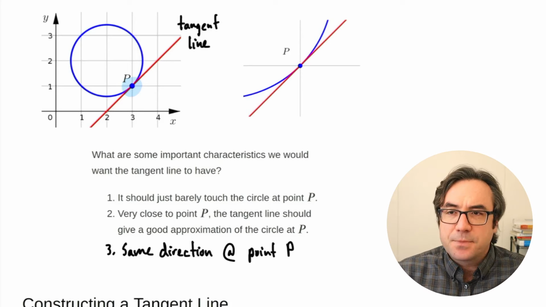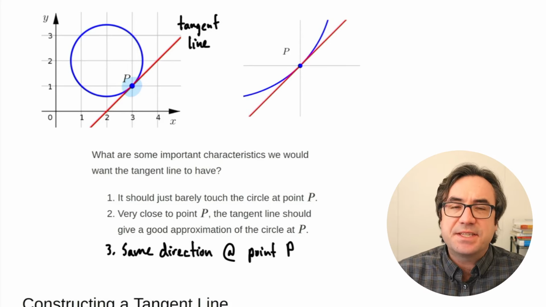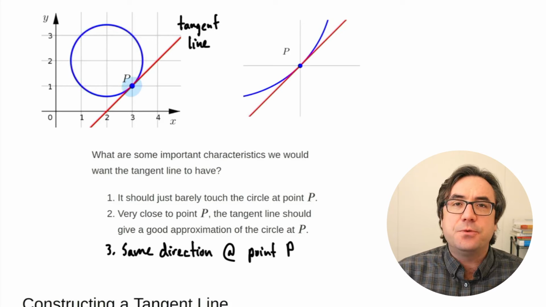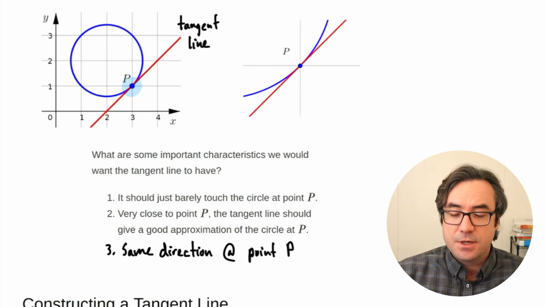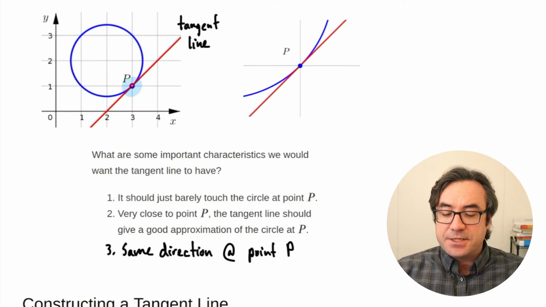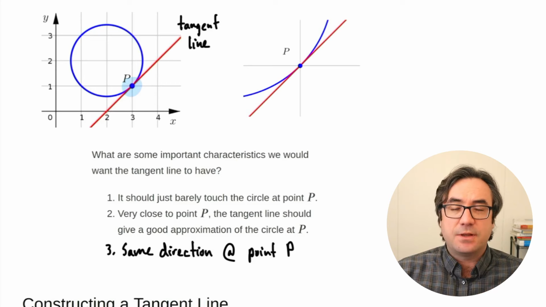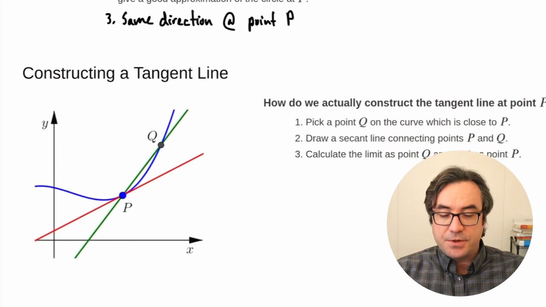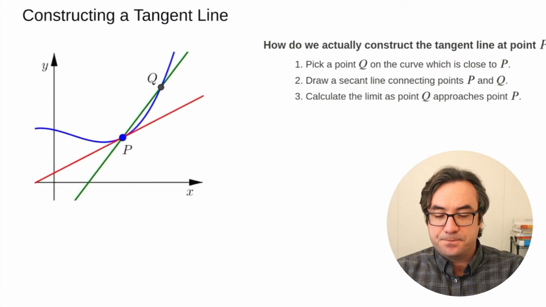All right, so how do we extend this idea to not just tangent lines for circles, but how do we do this for general curves? There are ways to construct the tangent line for a circle, but how do we construct it for a general curve? This is going to present an issue.